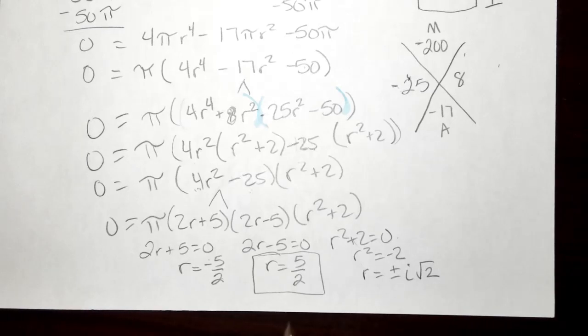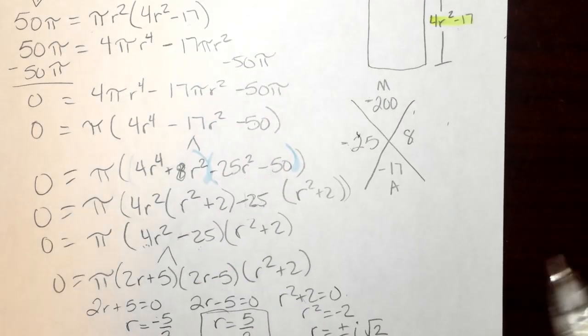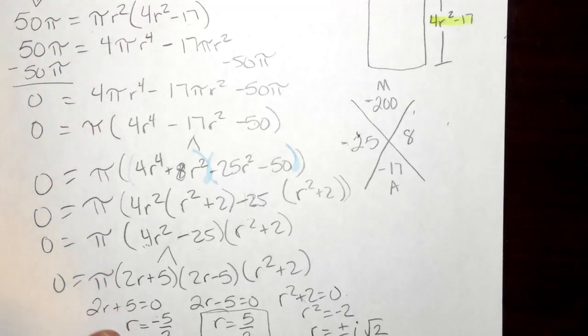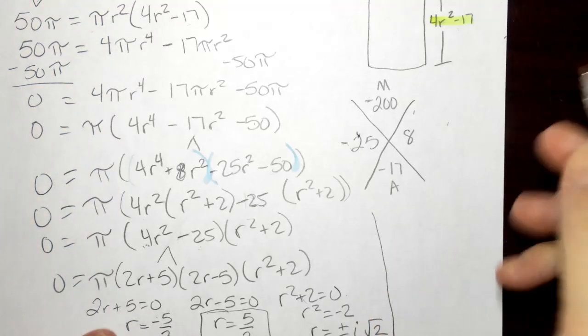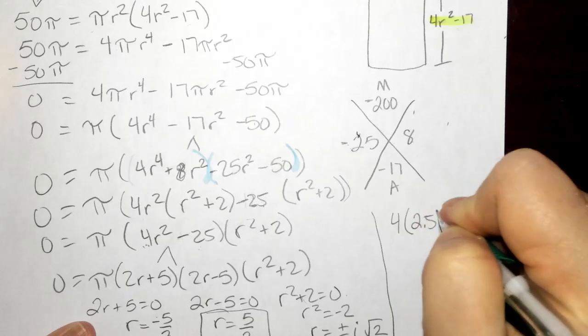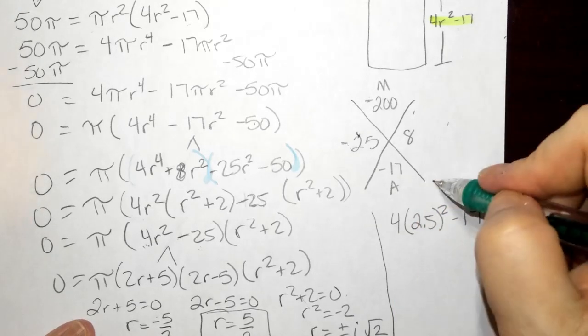So we need to find our height. We're going to take that value and plug it in to our equation here. If you want to use 2.5, that is perfectly fine. I know most of y'all do, so that's what I'll do. So we're going to substitute in 2.5 into our height equation here because we're finding the height.